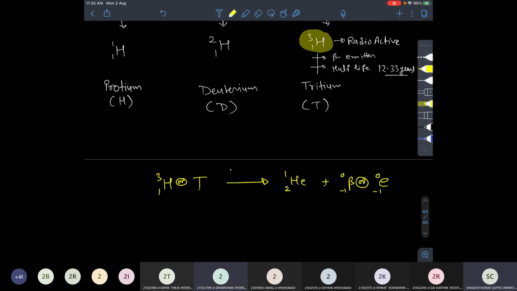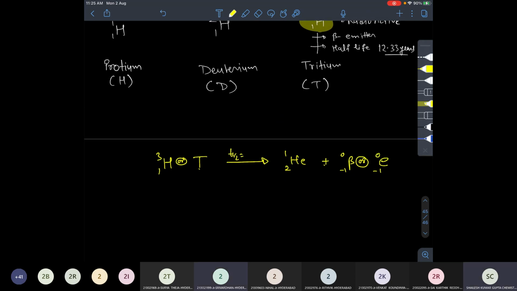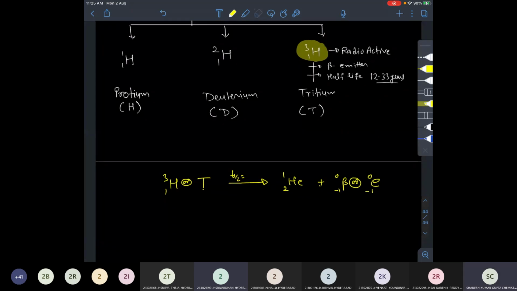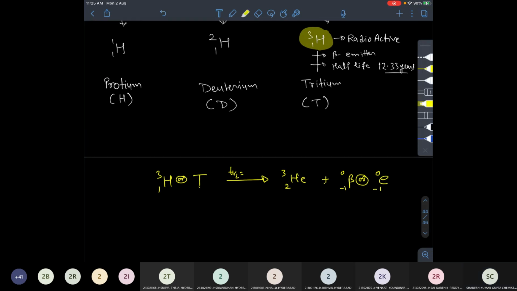There will be He 2 once. Helium will be 2, not one. Sorry, this is three. The mass number will be intact, no? So this will be three, right? The half-life T half is 12.33 years.